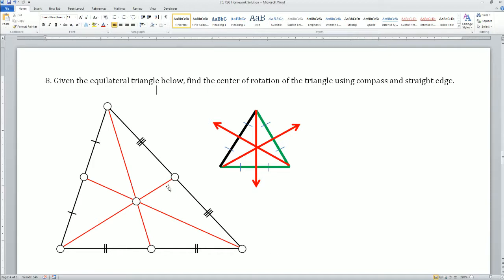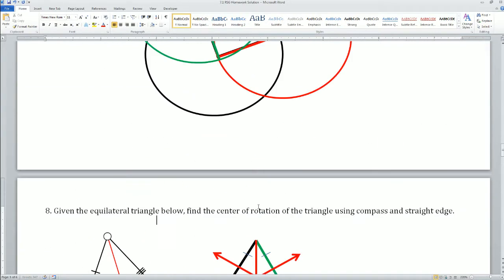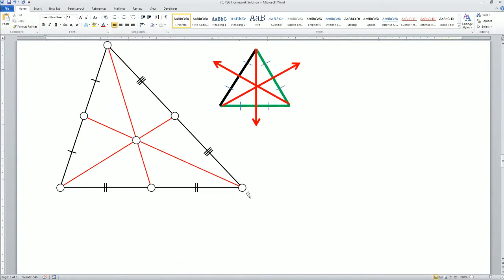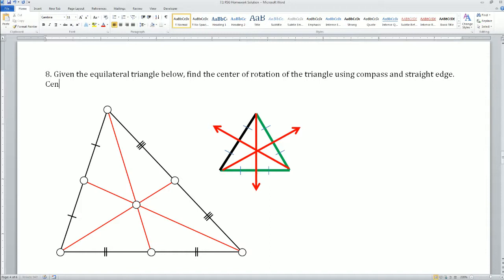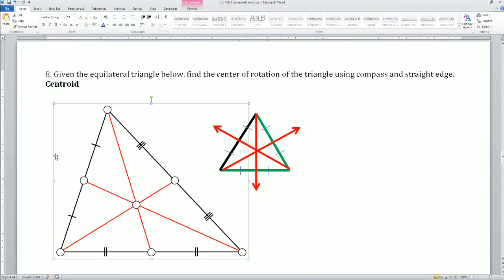So they're not perpendicular bisectors. But it creates two equal segments and it comes from the vertex, okay? And this is called a centroid. This is if you want to know how it's spelled. It's called the centroid. Alright, good. There you go.